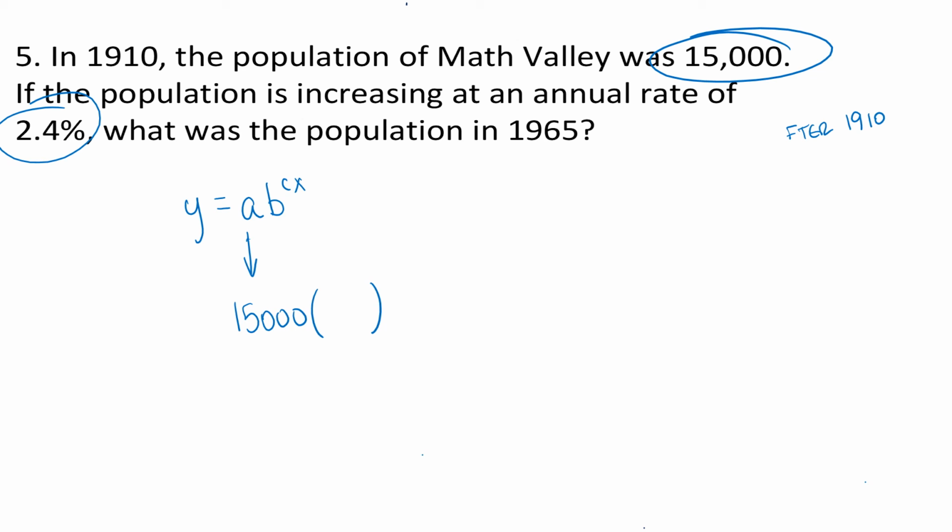Okay, now you're trying to get your b alone. So what are you going to do? Opposite of raising something to the 7th power is raising something to the 1/7 power, or taking the 1/7 root. So I'm going to take the 1/7 on each side. Of course, these two operations cancel each other out.